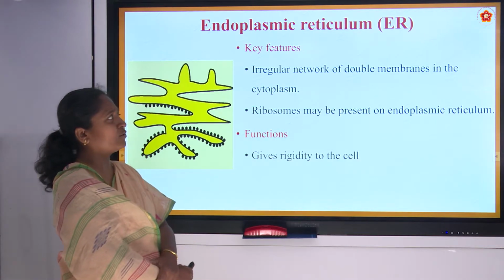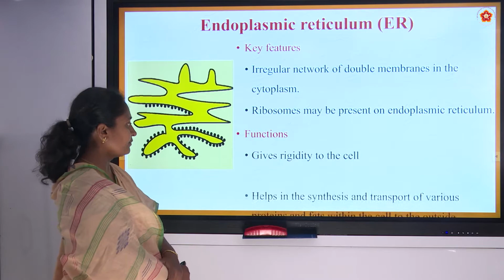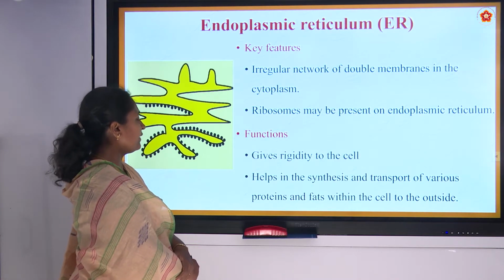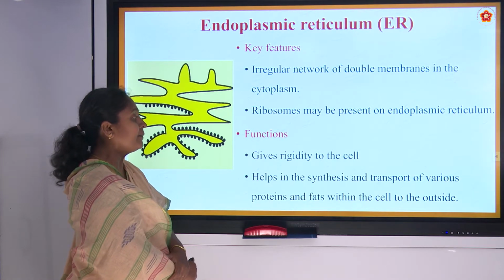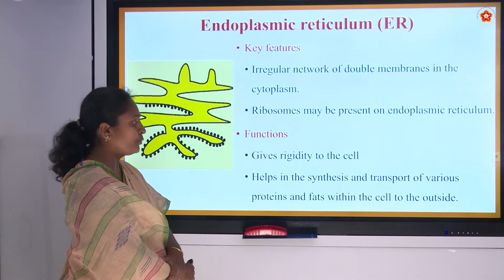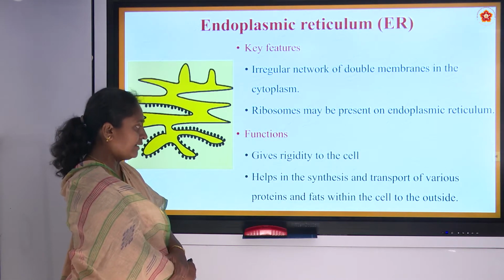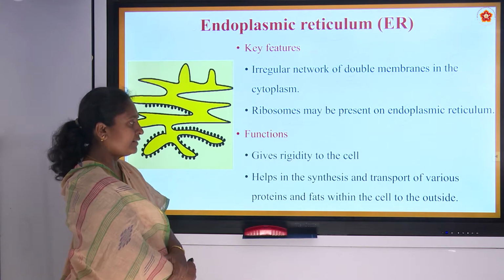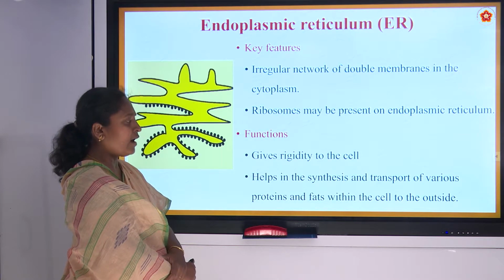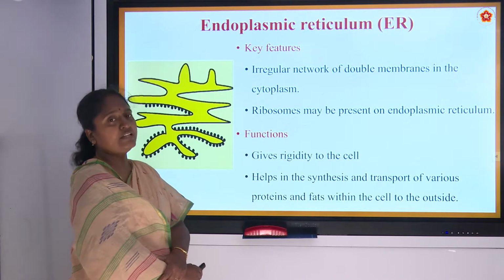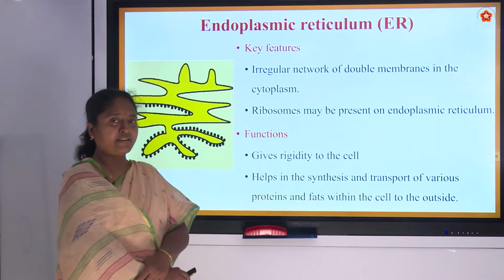Simply it is known as ER. Its most important function is that it helps in the synthesis and transport of various proteins and fats within the cell or from within the cell to the outside. So, that is its major function.